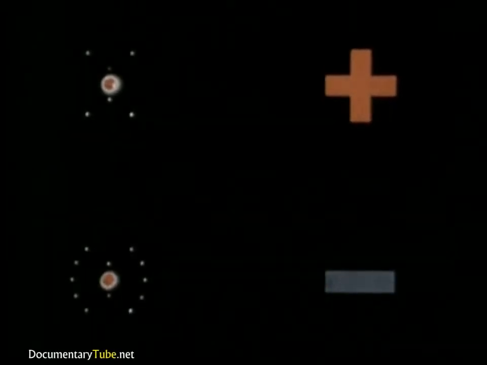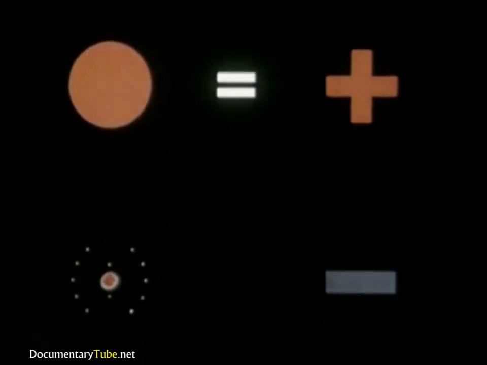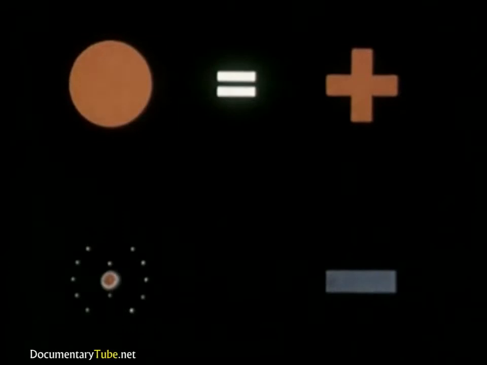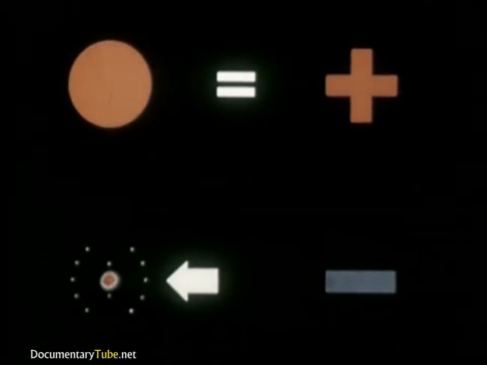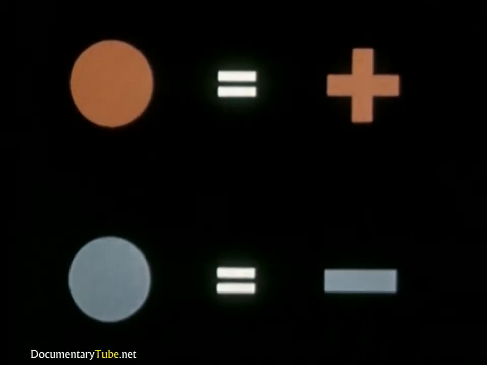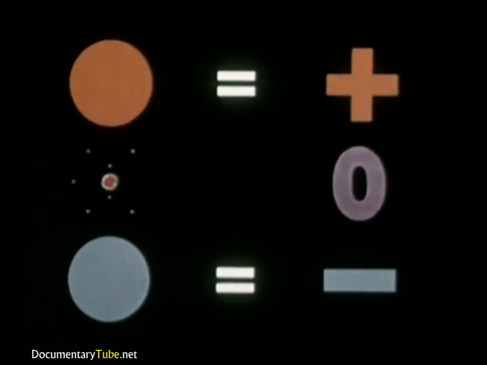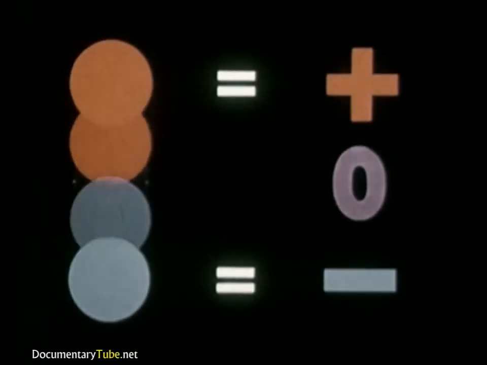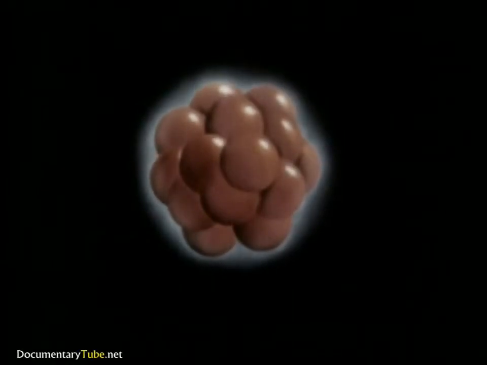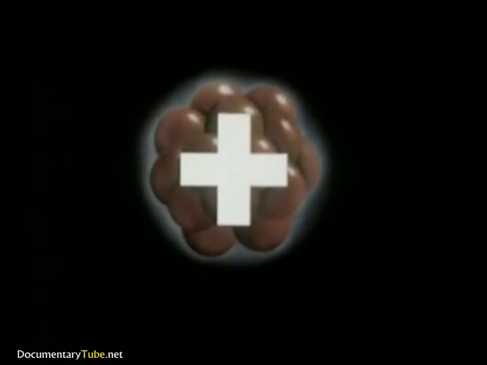In order to visualize better the effect of this, let's introduce a color code in which the positive charge, or an absence of electrons, is represented with red, and the negative charge, a predominance of electrons, with blue. Then an object that is in electrical balance will be purple, and the heavier one, the nucleus, carries positive charges.